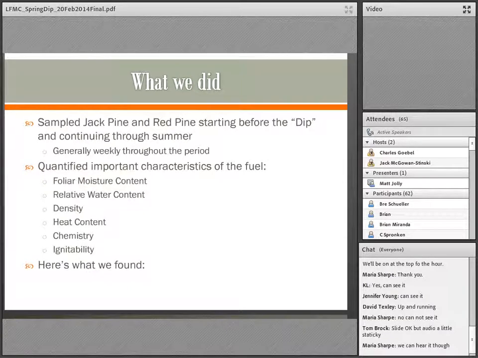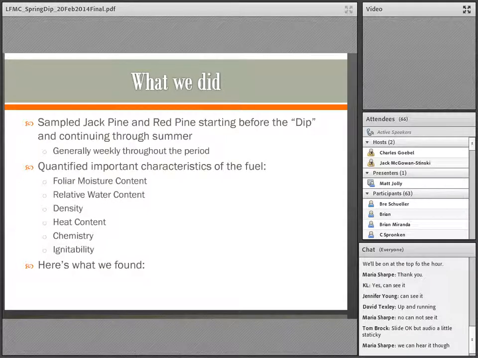We quantified the foliar moisture content the same way we always measure it. And then we measured the relative water content, which is a metric that physiologists use to quantify water stress, and it's expressed as a percentage of saturation instead of a percent of dry weight. So it's always bounded between 0 and 100, which is not the same as foliar moisture content.